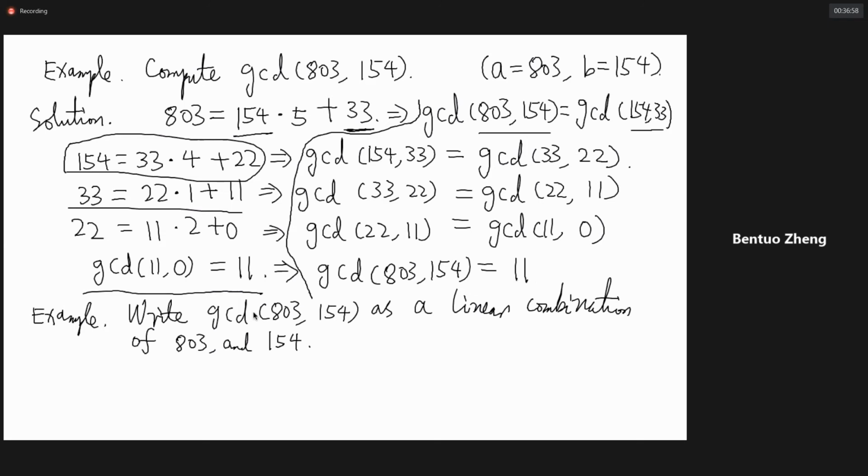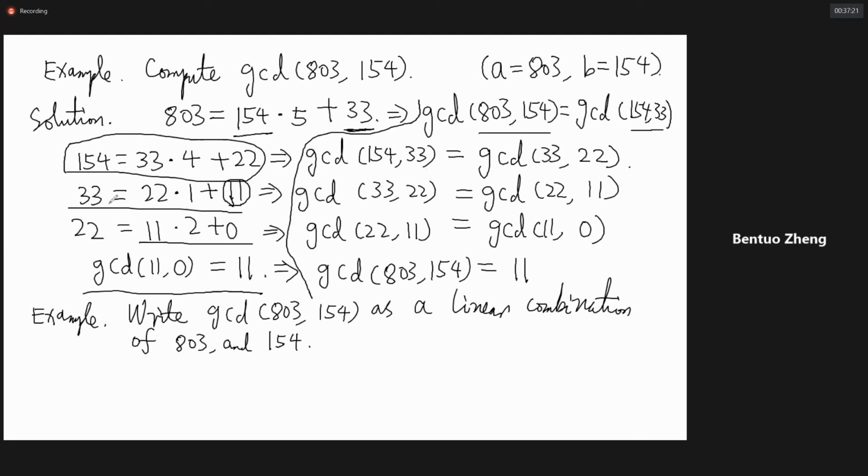So let's check. In this step, the remainder is 0, and you go one step up. Here you do get 11 as the remainder. Once we find this step where 11 is a remainder, you can start from here.